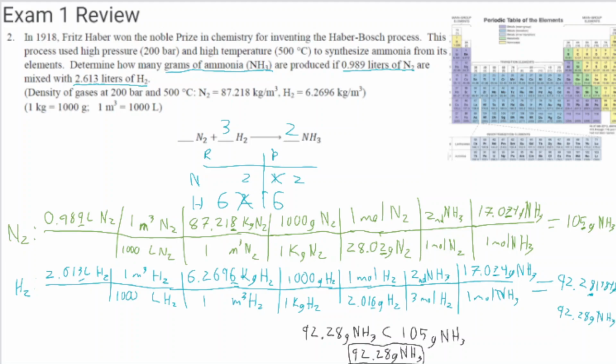So just this last section was repeating, so that wasn't worth any value. Then we also had 2 points for deciding which was our limiting reactant, or determining which amount was the correct one. And then 2 points for significant figures, and then also a point for balancing.